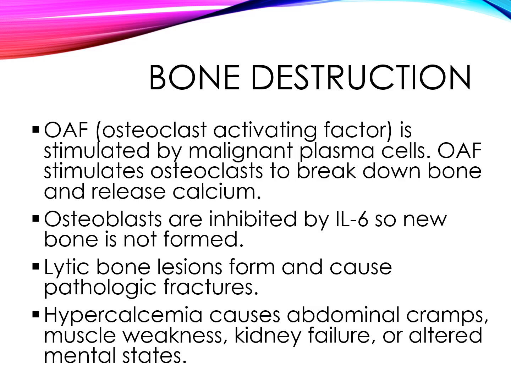And in order for those osteoclasts to be signaled that they need to do this job, there's something called an osteoclast activating factor. Unfortunately, these malignant plasma cells overstimulate the osteoclast activating factor, and that stimulates the osteoclasts to break down the bone.